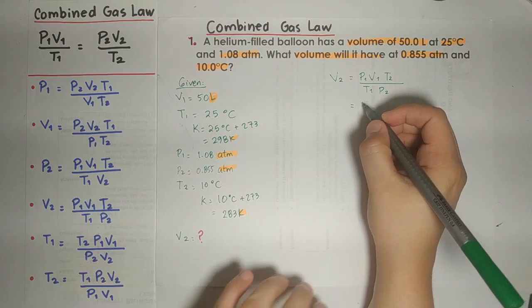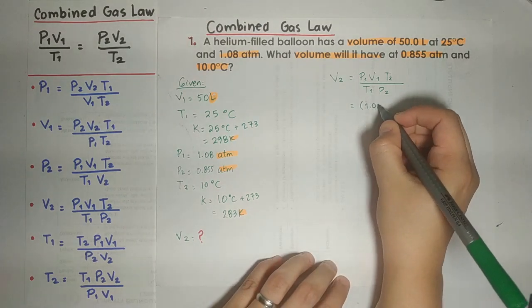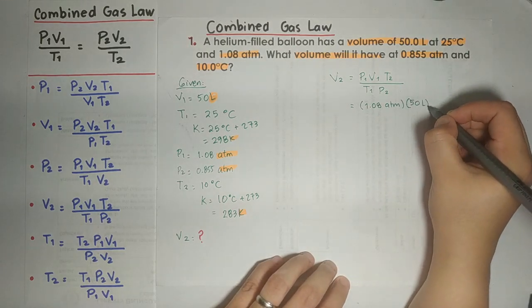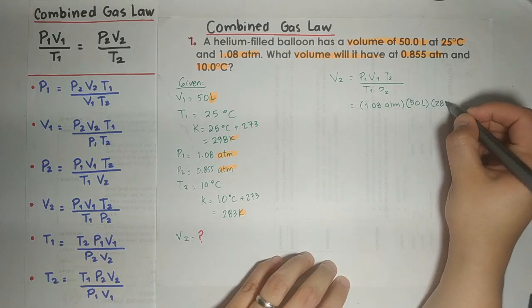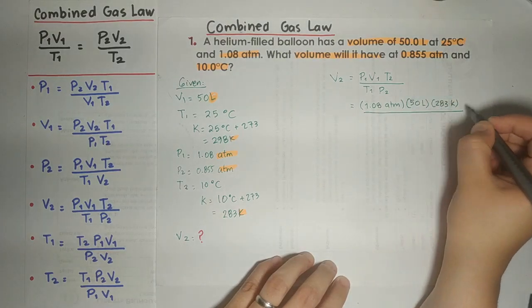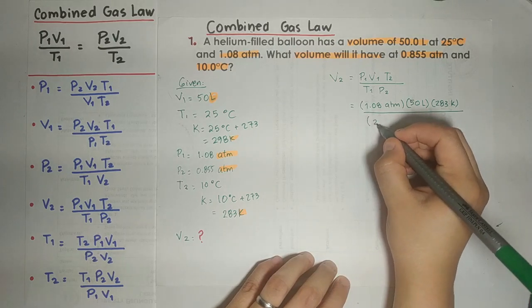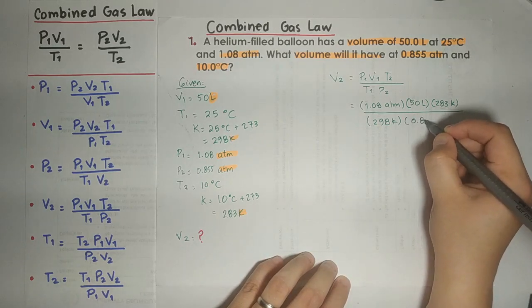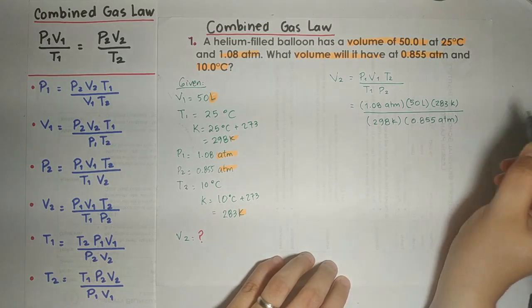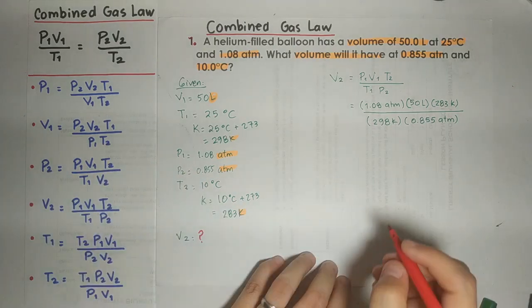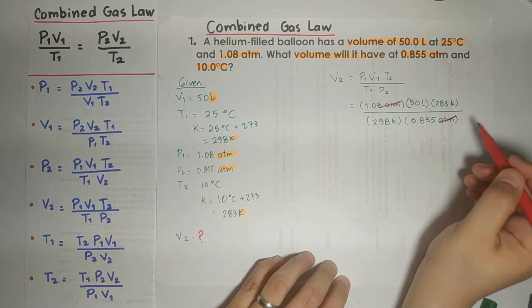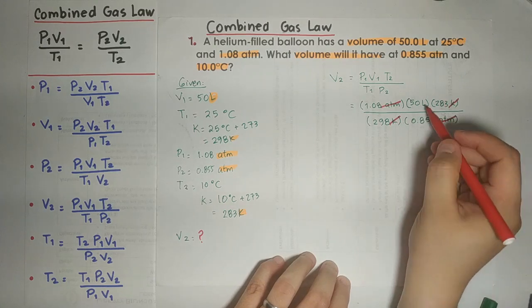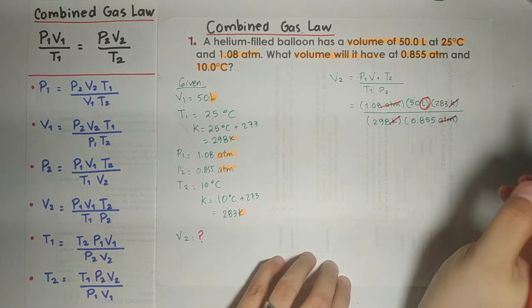So let's just plug in the values, the givens. 1.08 atm, 50 liters, 283 Kelvin. All this divided by 298 Kelvin, and pressure 2, that is 0.855 atmospheres. Now take a look here how I cancel these units. Atmospheres and atmospheres are going to be cancelled because they're in opposite positions, and also Kelvins with these Kelvins. So the final unit, as I told you before, will be in liters.